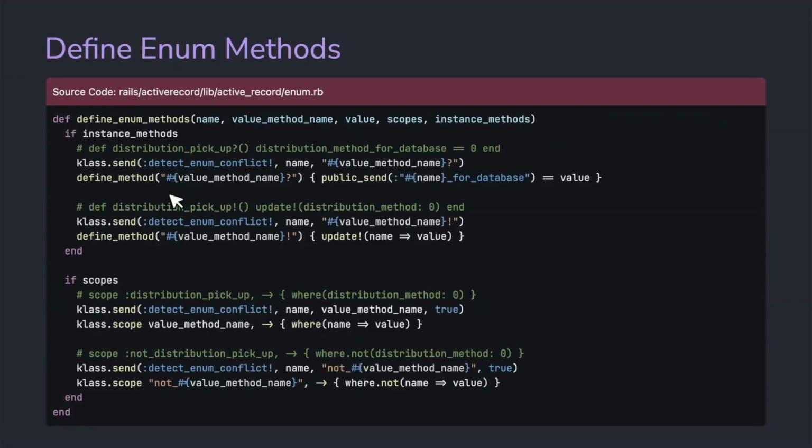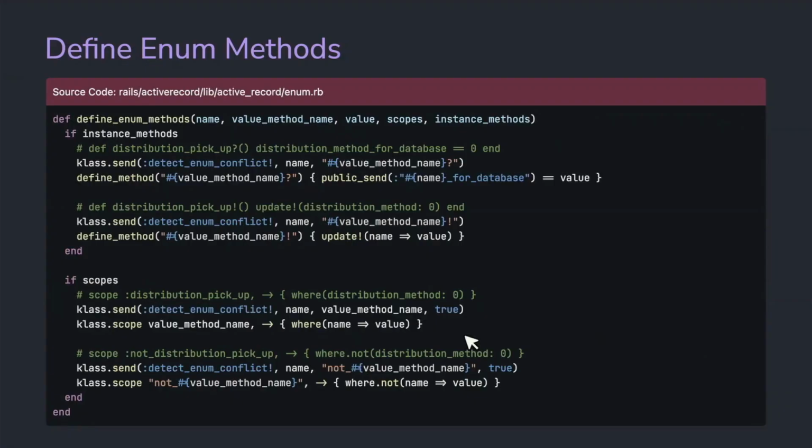We're defining these special methods in here that the enums can access. So you'll see in these green comments, I put in this distribution pickup. This is the definition below it for the query method with the question mark and the bang method. And then for the scopes, the same thing, distribution pickup and not distribution pickup. And it's using this interpolation to do that.